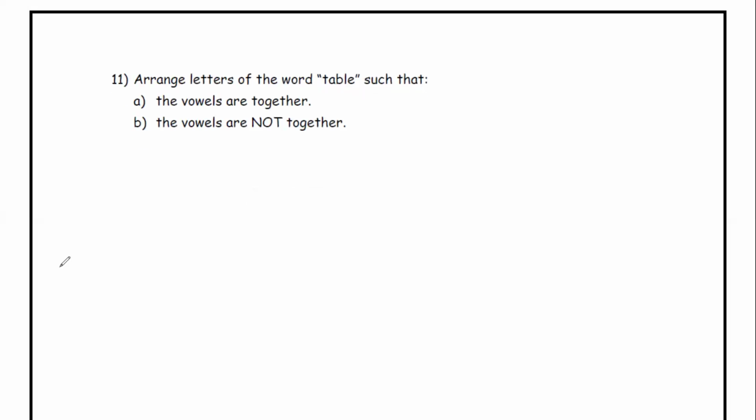Question number 11. Arrange the letters of the word table such that the vowels are together and the vowels are not together. So I just explained how to club things together. A, E, I, O, U, these are the vowels.